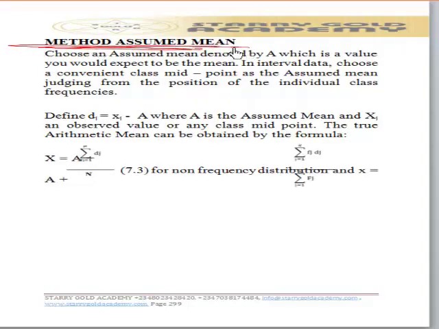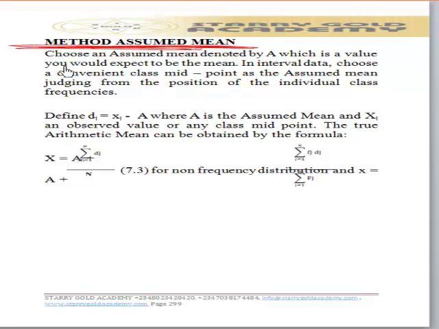We have the method of assumed mean, or simply put, assumed mean method. This particular method ensures that we are able to assume a particular value for the mean, and based on that we are able to work on the statistical data and get the arithmetic mean.